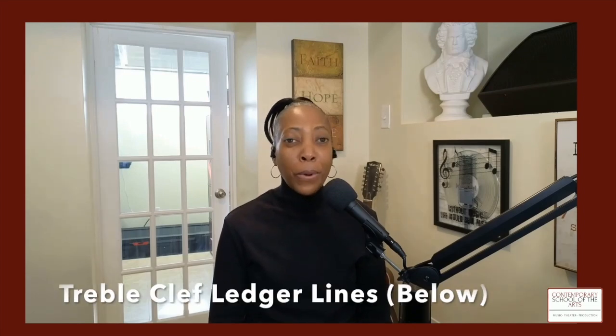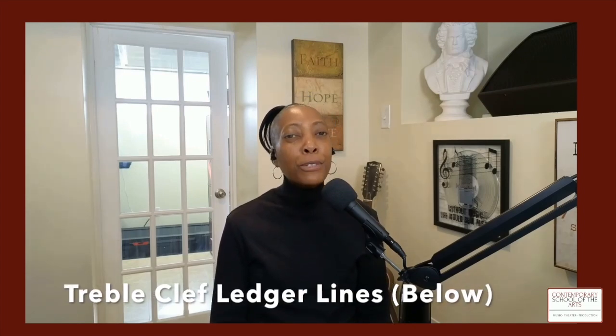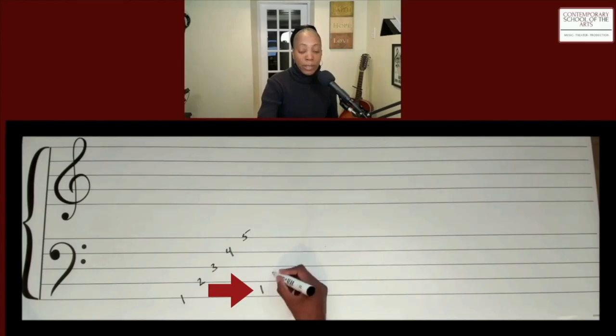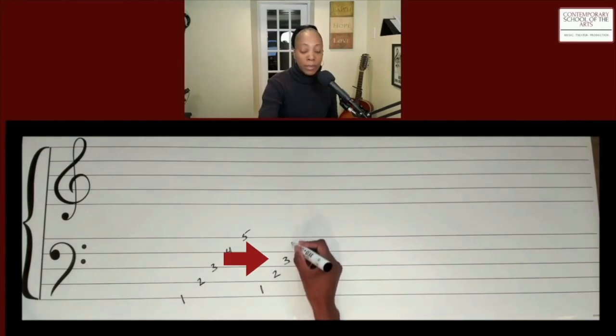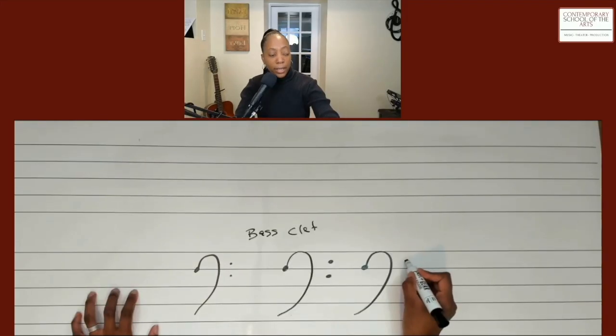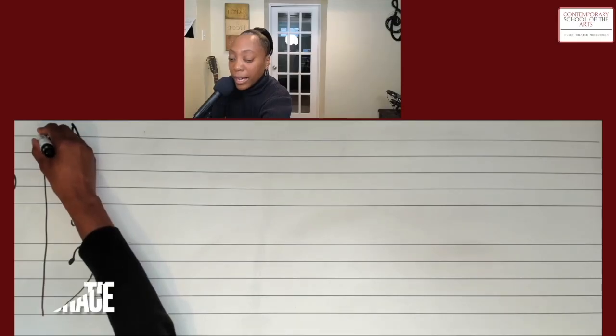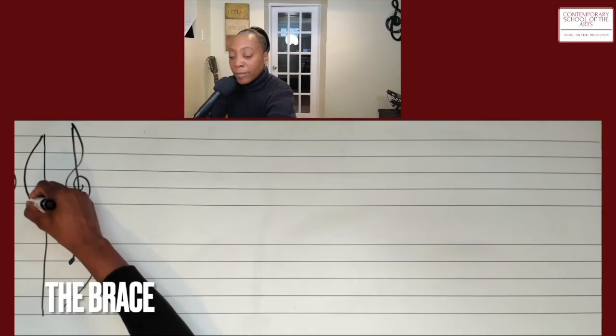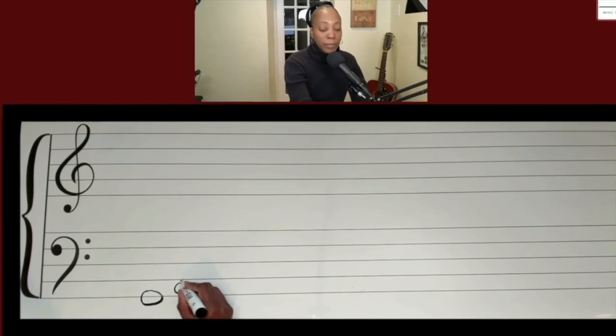Today's lesson is about the ledger lines below the treble clef staff. If you joined me for the last lesson, you already learned what a musical staff is, 5 lines and 4 spaces, how to draw a treble clef and a bass clef. To create the grand staff, you join the two staffs by a brace. In order for the notes to have meaning, you must place notes on a staff with a clef.